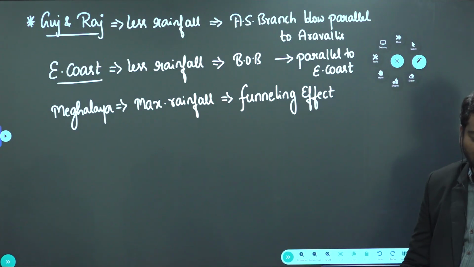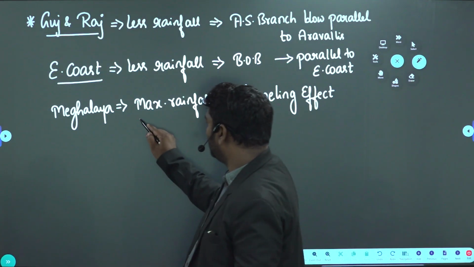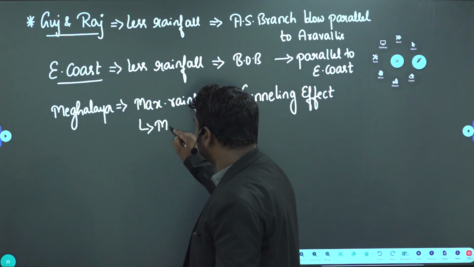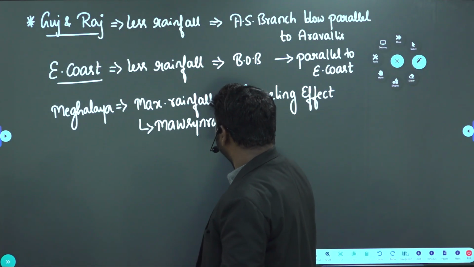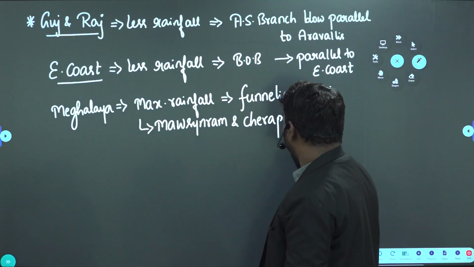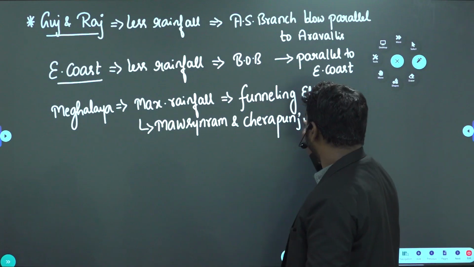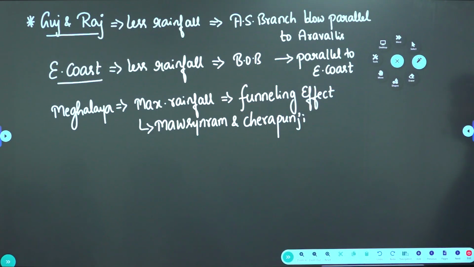Three mountains will be there, Garo, Khasi, Jaintia, that give rainfall. These places we call Mawsynram and Cherrapunji. Meghalaya, maximum rainfall.